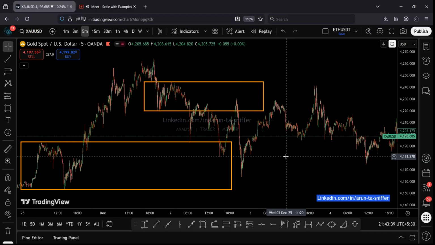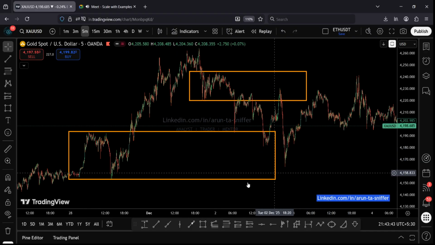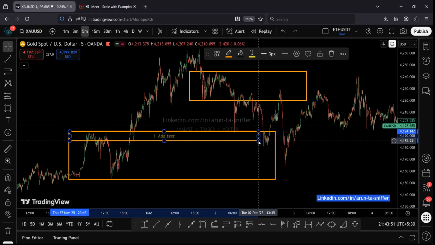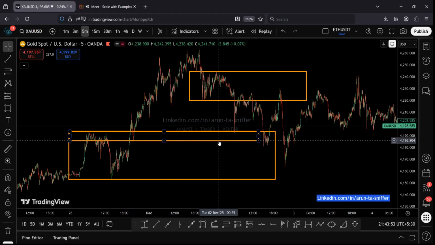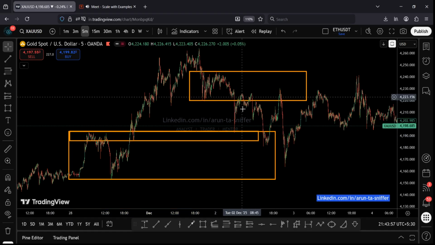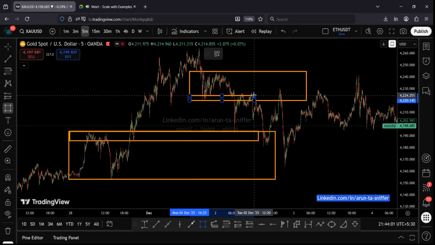Like this. So what is happening here? When price came and reacted to this RS, what happened? Price goes back up and reacted to the RS.